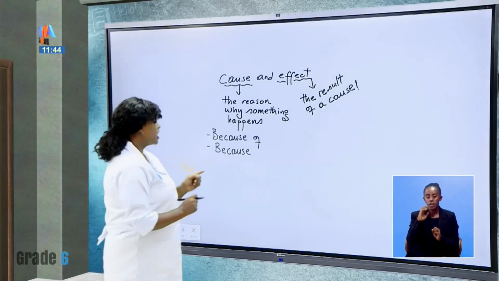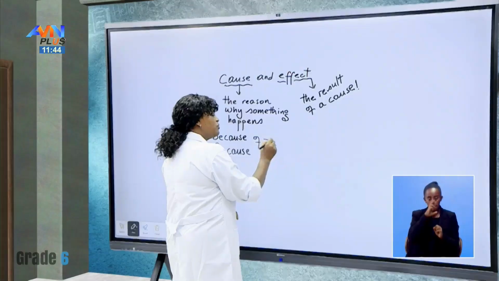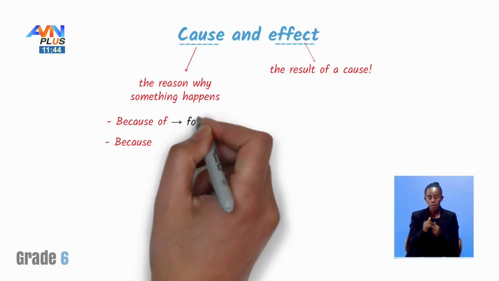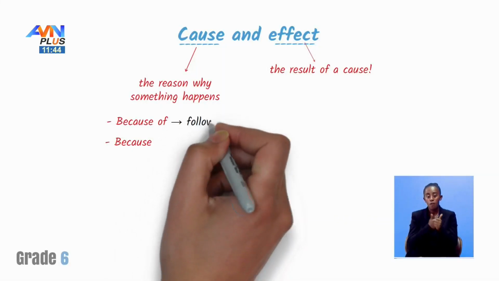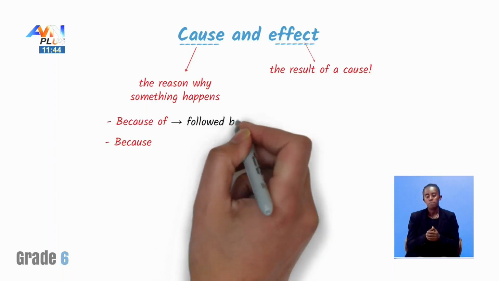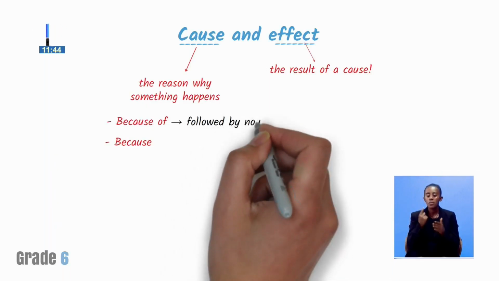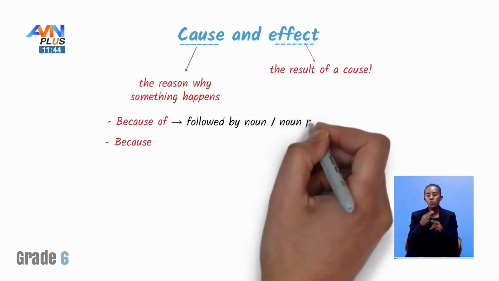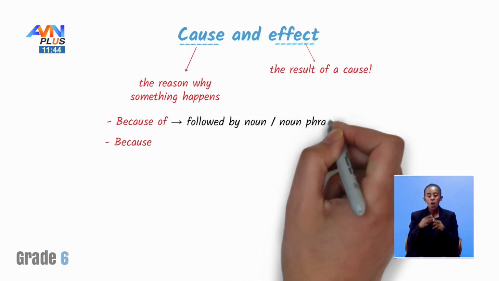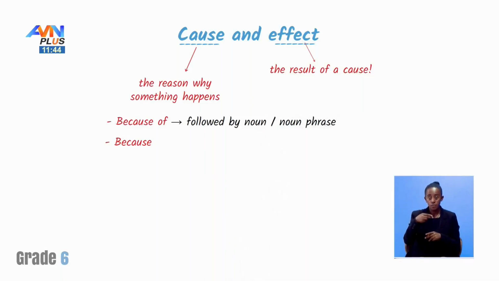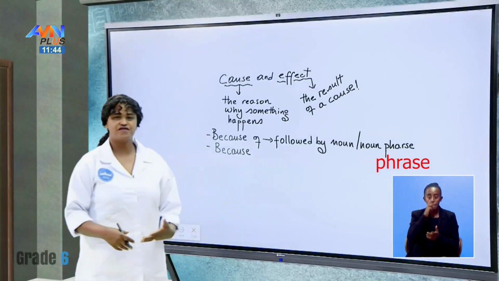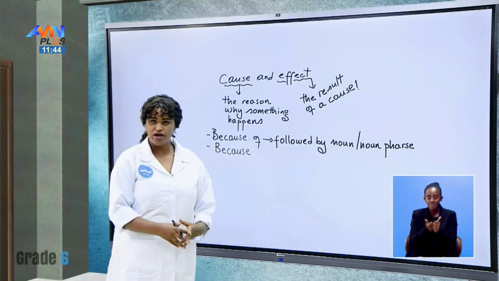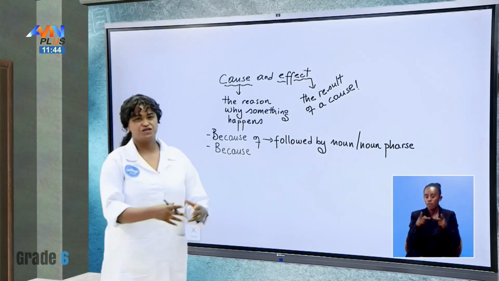Because of is followed by what? Yes, if you say a noun or noun phrase, that means you are right. Because of is followed by a noun or noun phrase, which means noun with an adjective.